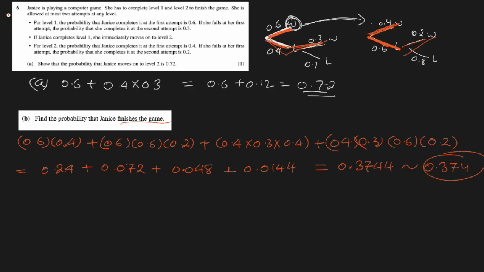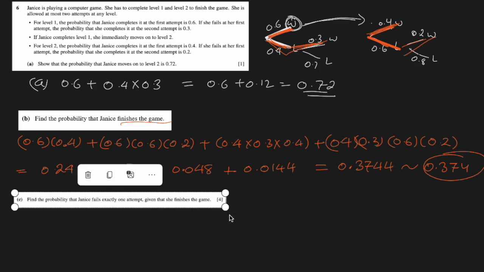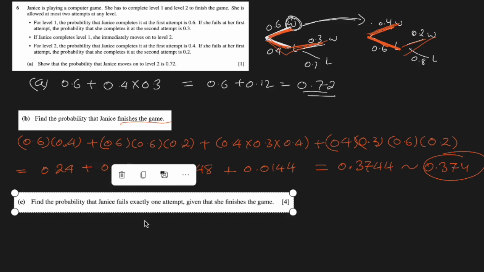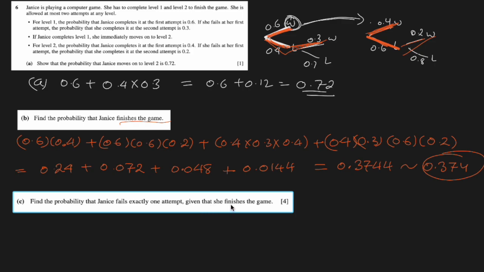All right. What is next? The last one. Find the probability that Janice fails exactly one attempt given that she finishes the game. Okay. So let's do it this way.